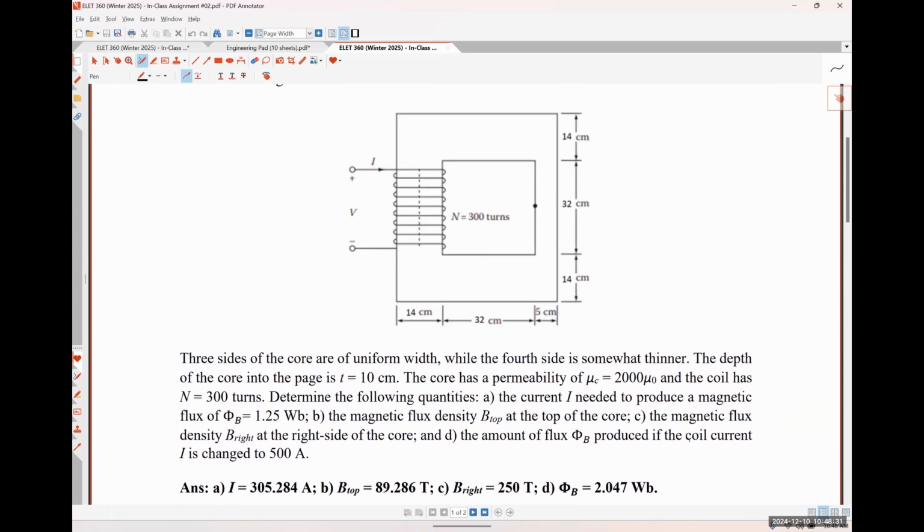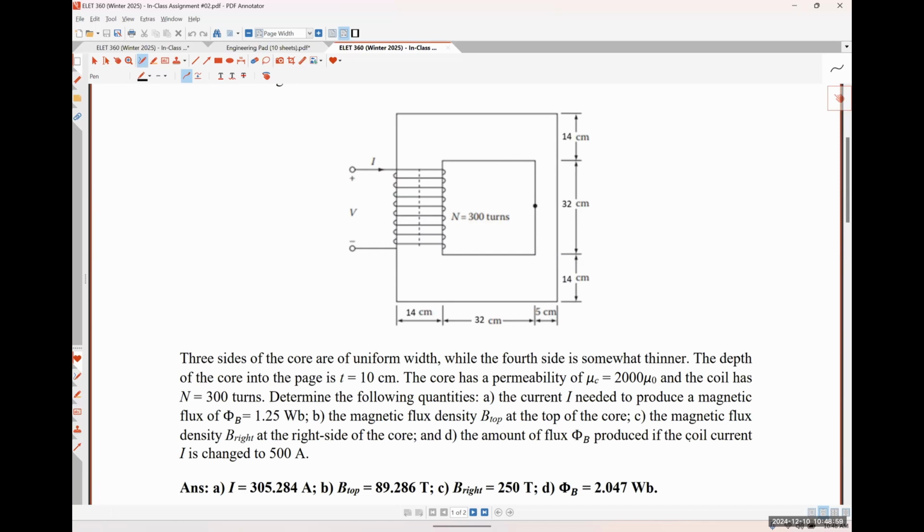Okay. So we've got this thing, right? We've got a core. It has a uniform width of 14 centimeters along 3 of the legs, and then the width is only 5 centimeters for the 4th leg. The depth of the core into the page is 10 centimeters.